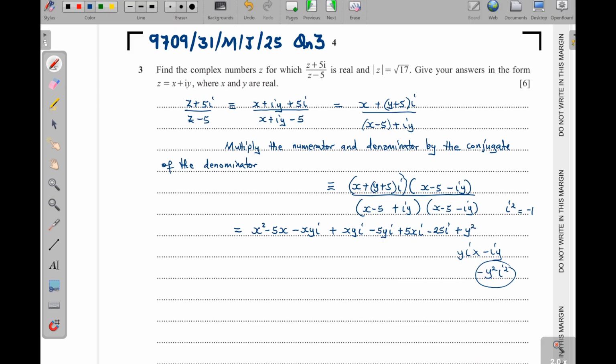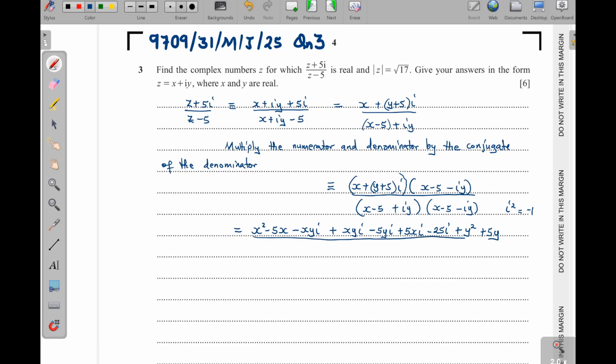Then 5i times this one here, minus iy, so we shall get negative 5y, then i squared. Then this one becomes a positive 5y. Positive 5y. So that is what I'm going to write here.